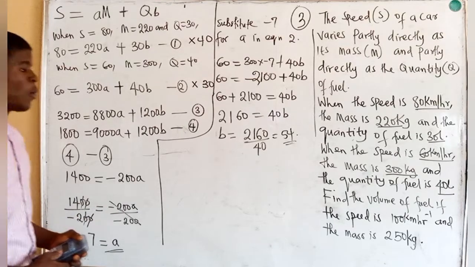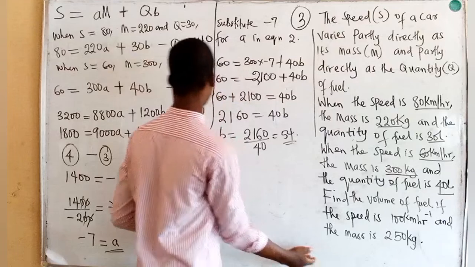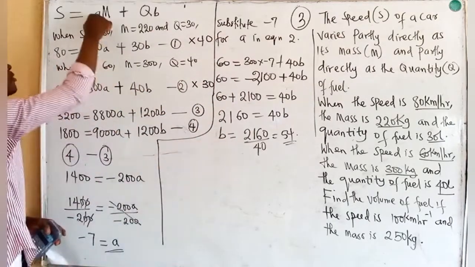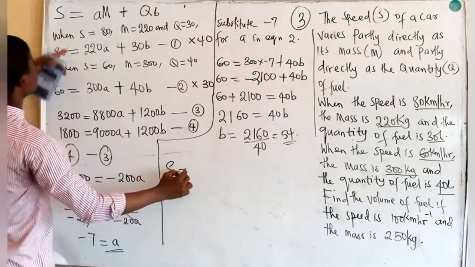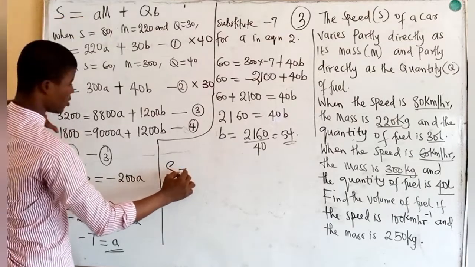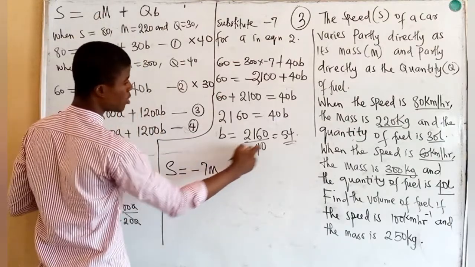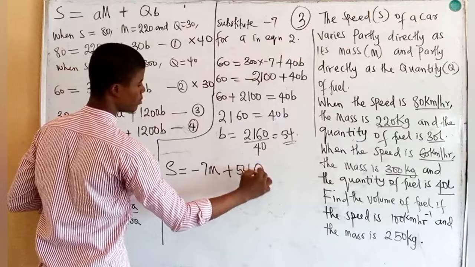So before we can get any other answer, what we're going to do now is substitute these values of A and B into our original equation. So the equation will now be S is equal to minus 7M plus 54Q.